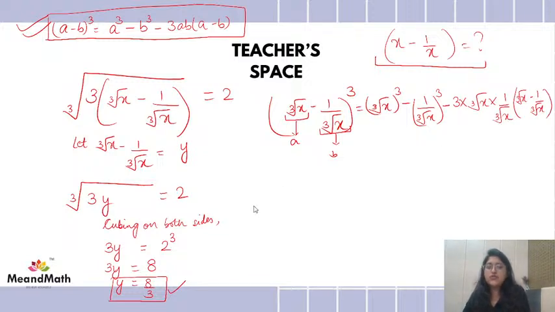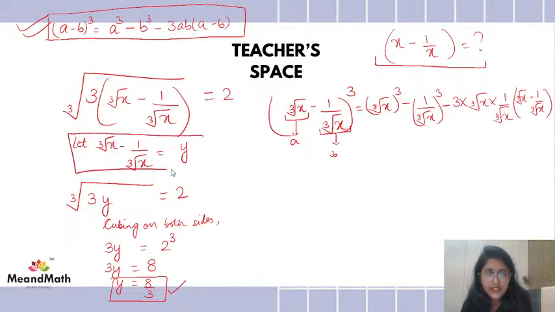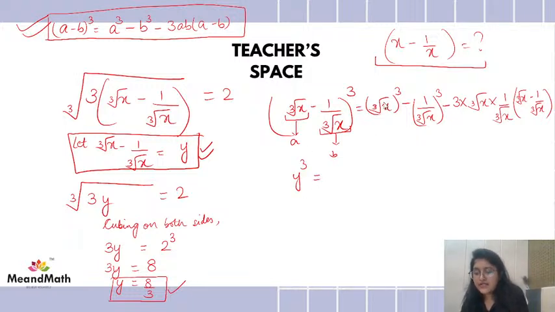All right, now let's solve this. See, at the starting we let this as y. Students, are you getting my point? We let this as y, so can we write here y cube? All right. And here we have cube root and cube. Whenever there is a cube of a cube root, they get cancelled. We are only left with the x over here.